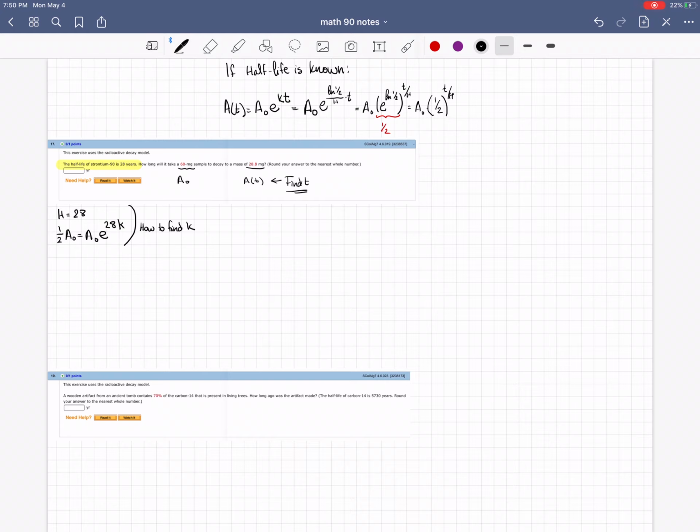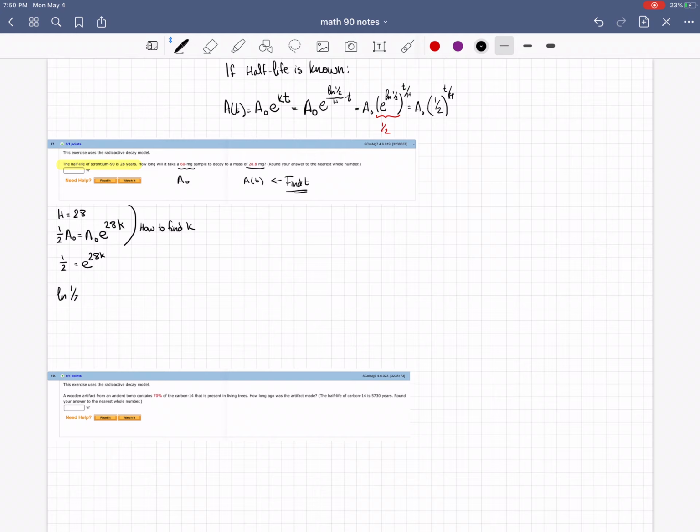And even though we kind of talked about the general approach to this in a previous video, I highly recommend you go through this a time or two or even more to really get the hang of why K is going to end up being the natural log of 1/2 over h. So just like before, you divide both sides by a sub 0. You'd end up with 1/2 is equal to e to the power 28k.